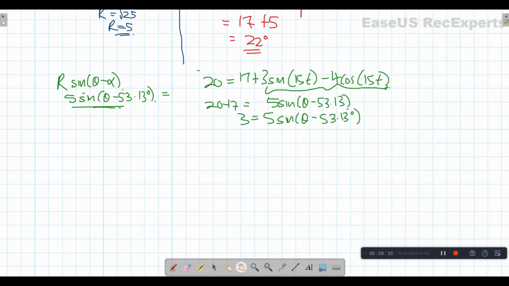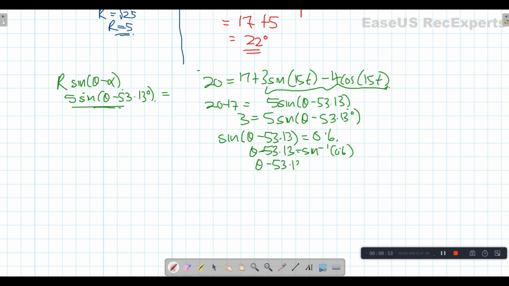Therefore sine of theta minus 53.13 equals 0.6. So theta minus 53.13 equals shift sine 0.6, and it gives you theta minus 53.13. The acute angle that I've got was 36.86989765.